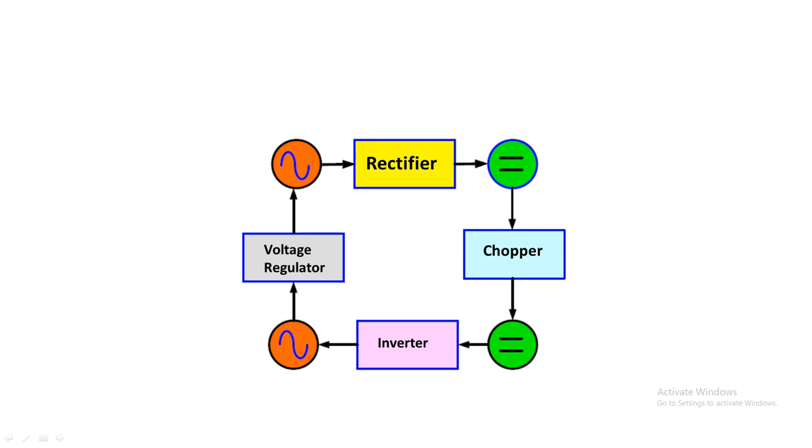And if it is fixed AC to variable AC, that is called a voltage regulator or AC voltage controller. So these are the main classifications of the converters: rectifier, AC to DC; chopper, fixed DC to variable DC; inverter, DC to AC; and voltage regulator, fixed AC to variable AC.